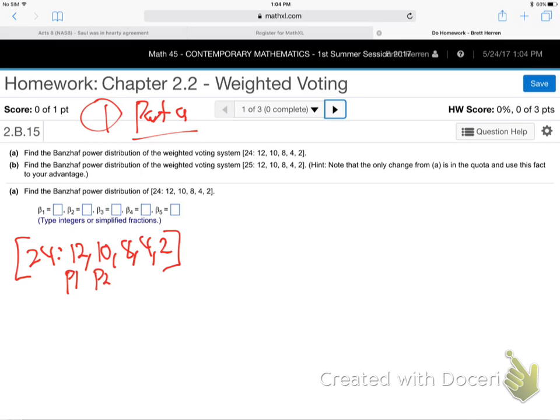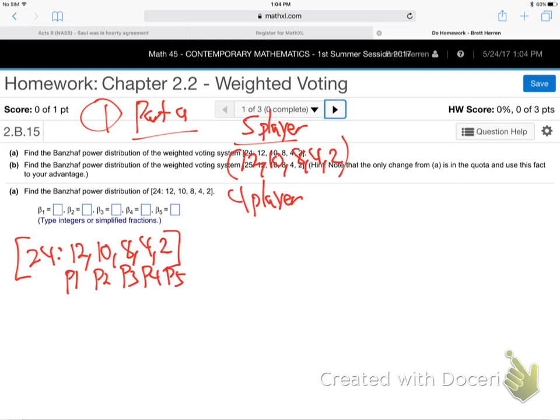Player 1, player 2, player 3. With 5 players, that makes it a lot harder because there are a lot more different groupings. It'll be 5, 4, 3, 2, and 1. So start with a 5-player team. That would be everybody. 12, 10, 8, 4, 2. Okay, go to the 4-player team.